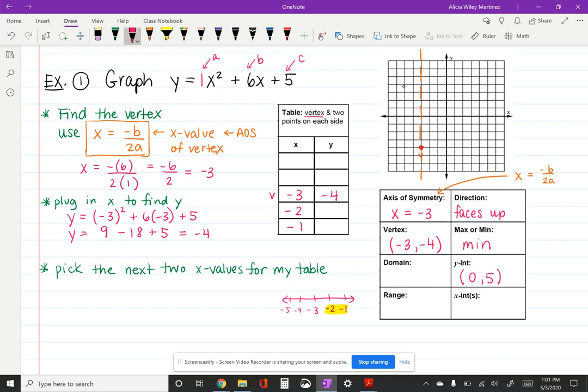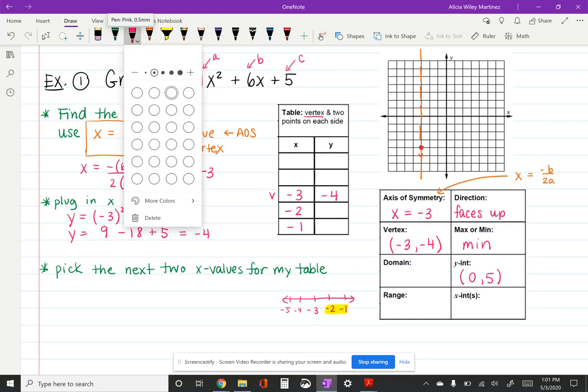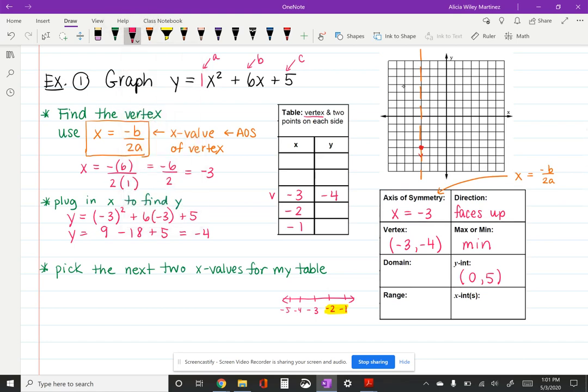So the only way that you can find the y values that attach to those x values is by evaluating. So again, we're going to have to plug those values into our equation. And this does take a little bit of work. Do as much work as you need to.